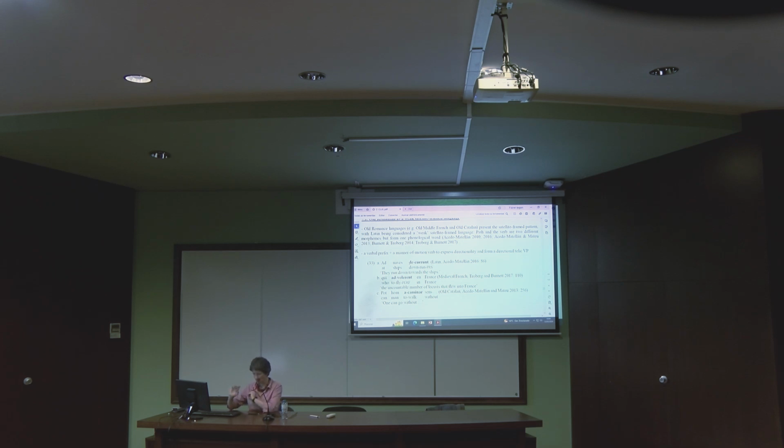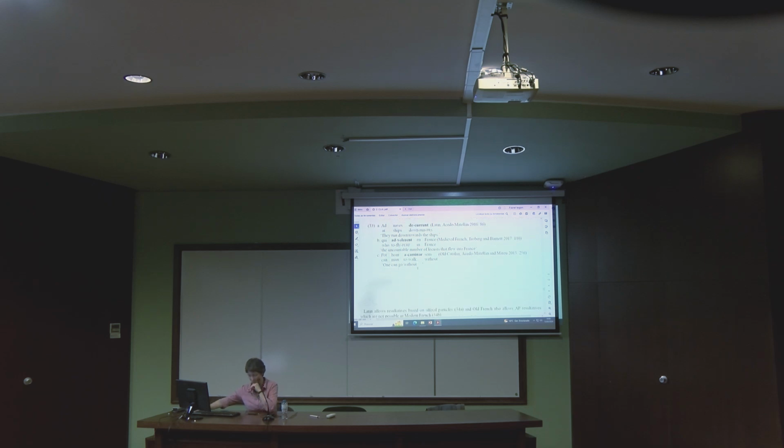Old Catalan, I'm not going to pronounce this. Again, we have a verbal prefix, and then caminar, walk, to express together, again, directionality and form a directional telic verb phrase. Latin also allows resultatives based on affixal particles.